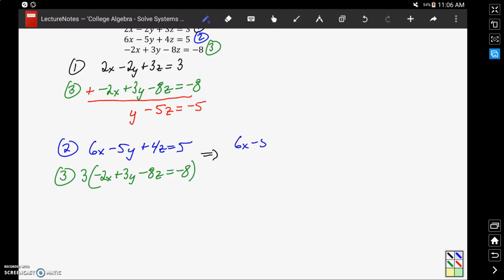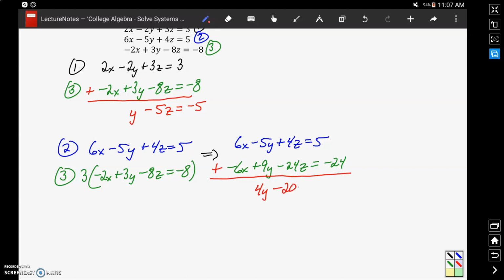So equation 2 remains completely unchanged, and equation 3 will become negative 6x plus 9y minus 24z is equal to negative 24. Adding these two equations together will give us 4y minus 20z is equal to negative 19.